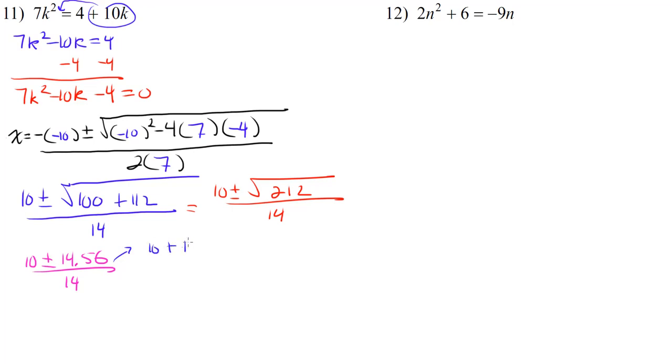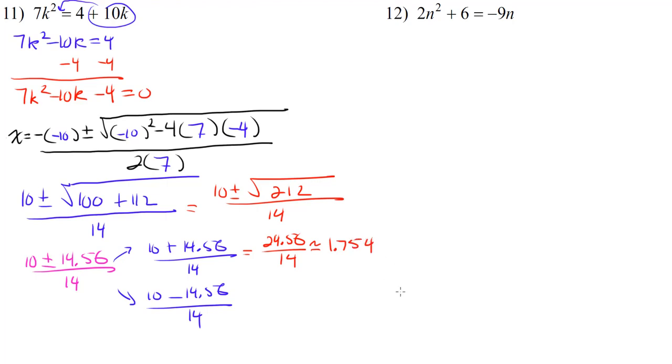And so we have our two expressions. 10 plus 14.56 over 14, and 10 minus 14.56 over 14. 10 plus 14.56 is 24.56, and 24.56 divided by 14 is 1.7542, so we're going to round this approximately to 1.754.